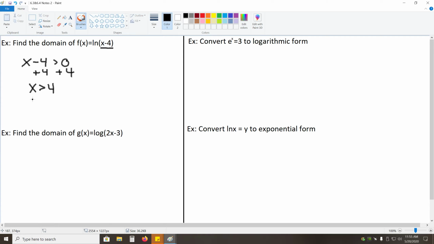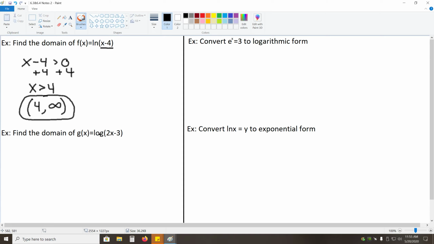So in interval notation, that would be 4 with a parenthesis because there isn't an equal sign, 4 to infinity. So the domain of this logarithmic function, natural log of x minus 4, is 4 to infinity. It's not 0 to infinity like a parent natural log function's domain would be.